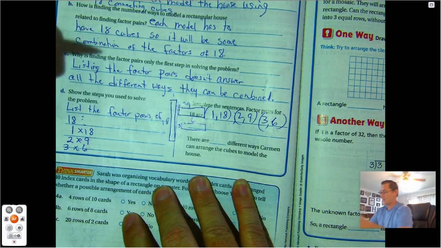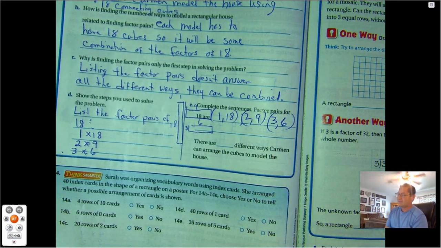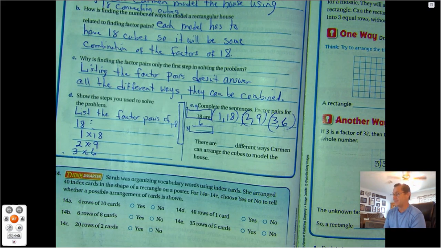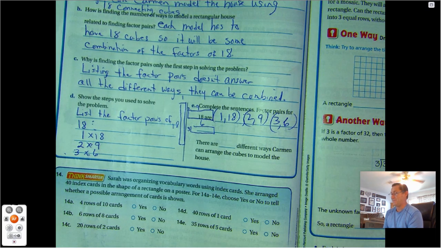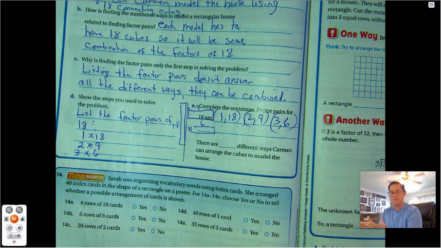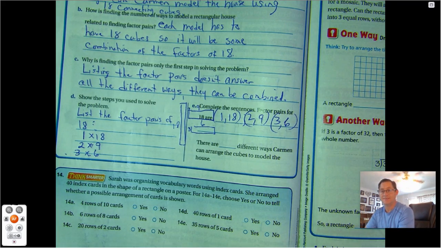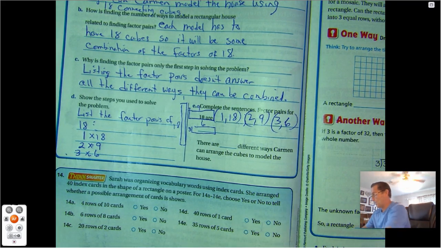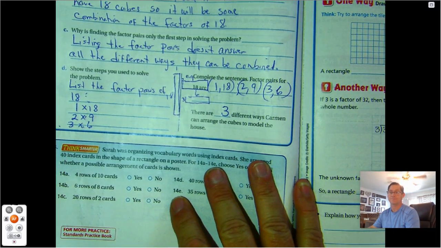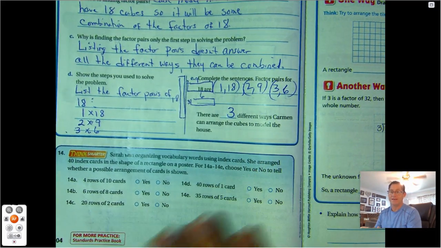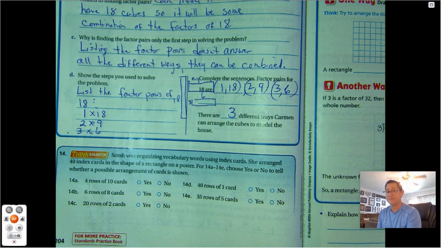I guess in a sense they would look exactly the same. They would be positioned differently in space. So based on factor pairs, there are 3 different ways. If you want to look at would they look differently, I think they would, and so I would say 6 ways. But if we're just based on factor pairs, there would be 3 ways.